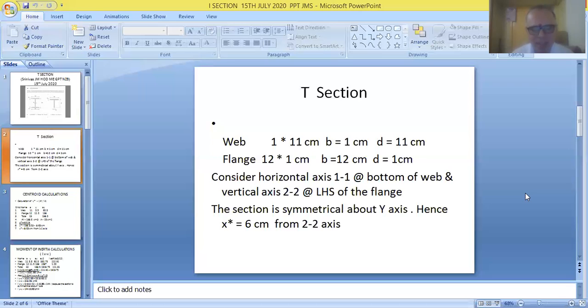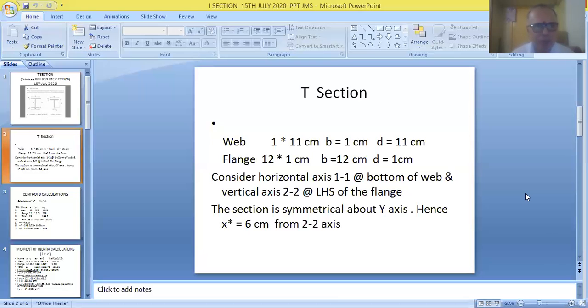The left hand side of the flange is taken as a basis for marking 2 axis. So indication of BD values for each and every component separately, indication of 1 axis, indication of 2 axis, all these things are very essential for solving the problem.